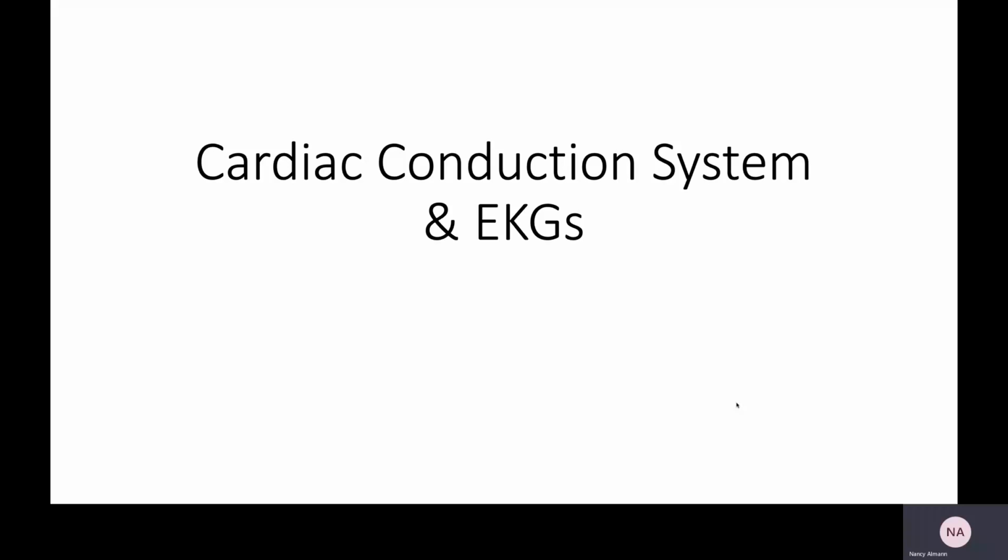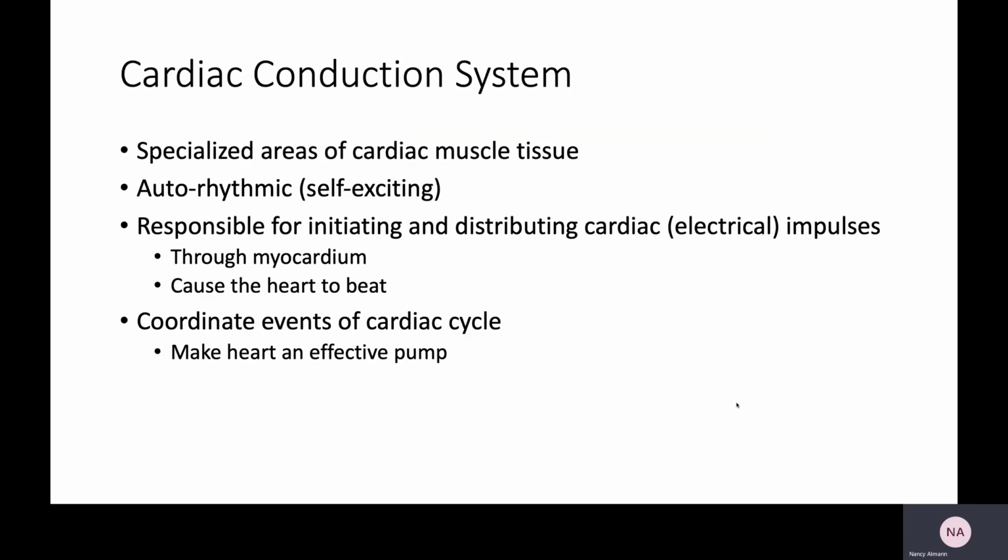It is the cardiac conduction system which allows the heart to act like a functional syncytium, complements of how it drives the myocardium. When you talk about the conduction system of the heart, you're talking about specialized areas of cardiac muscle tissue.